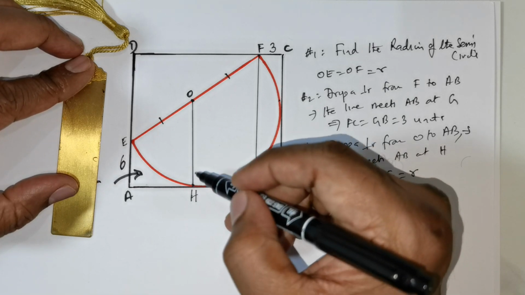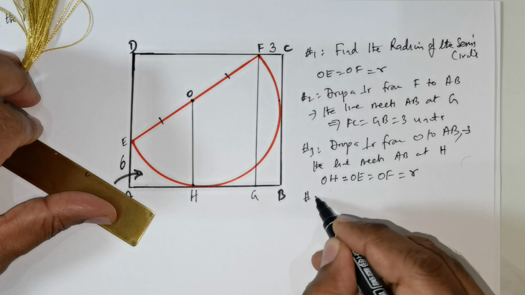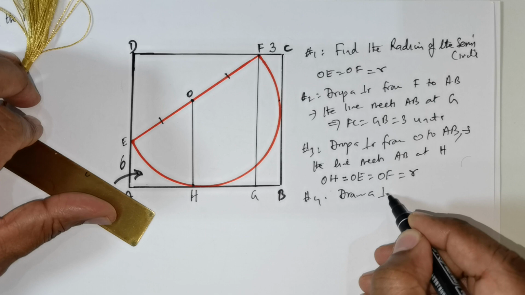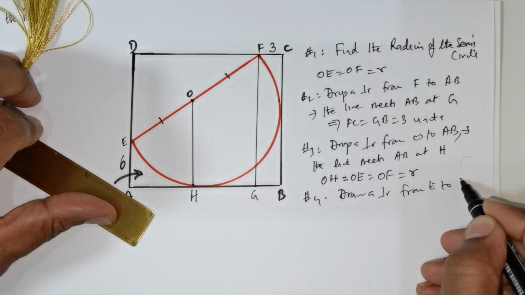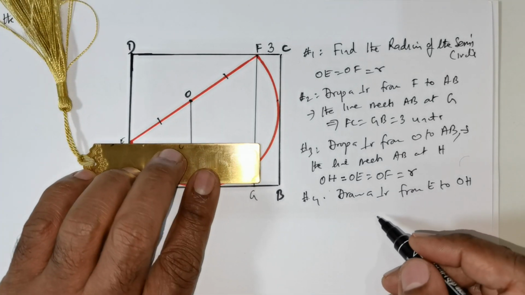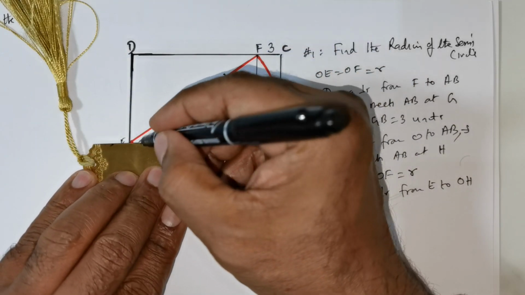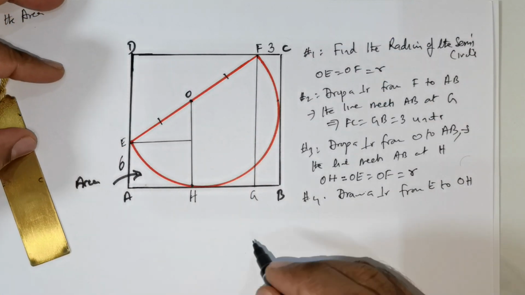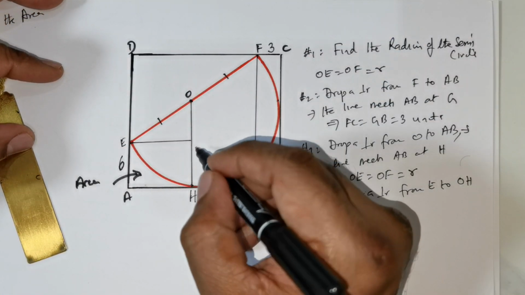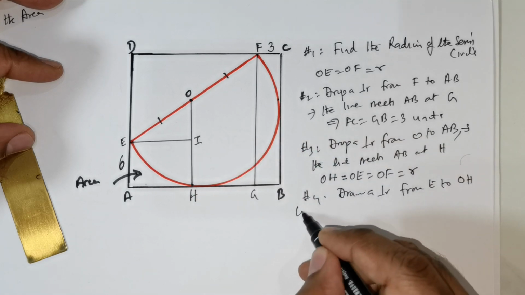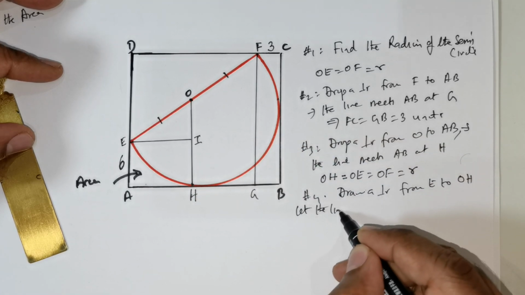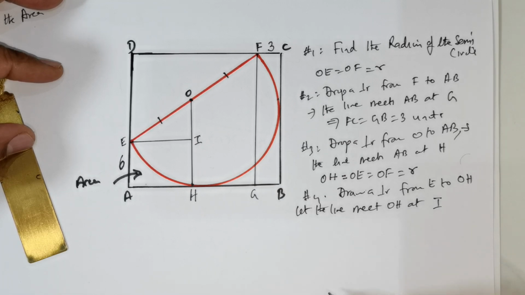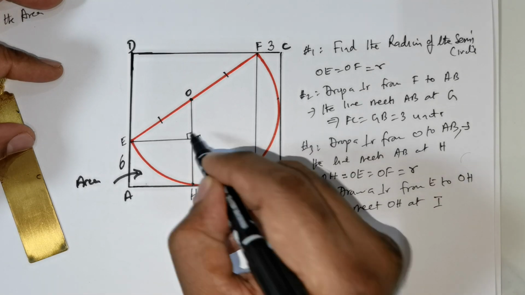Now step number 4, draw a perpendicular from E to OH. Right, I'm drawing a perpendicular from E to OH and let it meet at I. Let the line meet OH at I. So this is a perpendicular, so this is going to be 90 degrees.